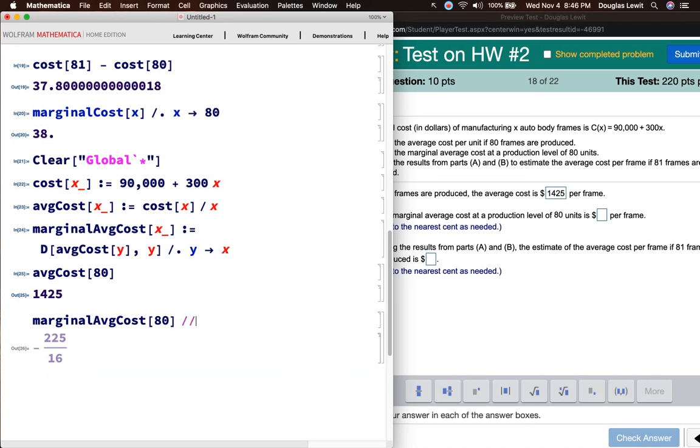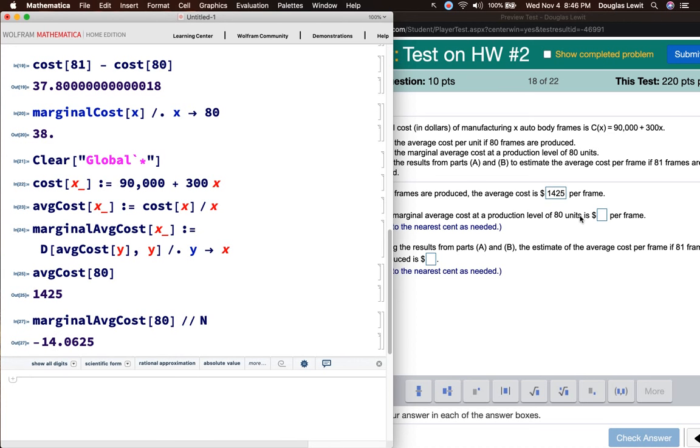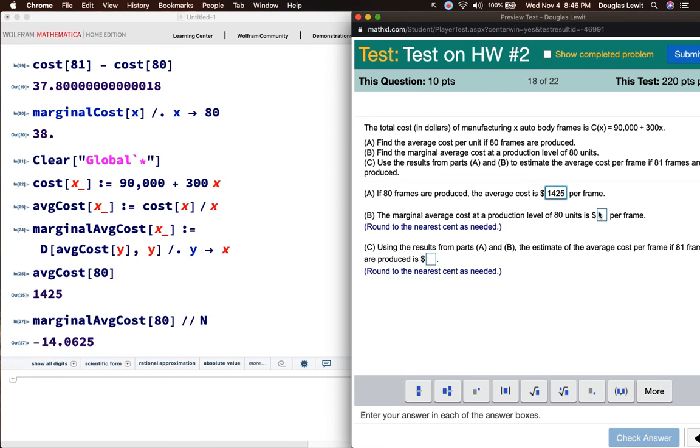Let's change that into a decimal. Round to the nearest cent is needed. So negative $14.06.